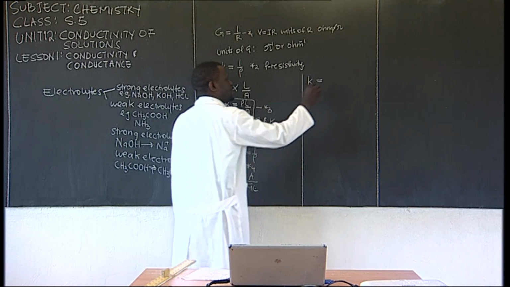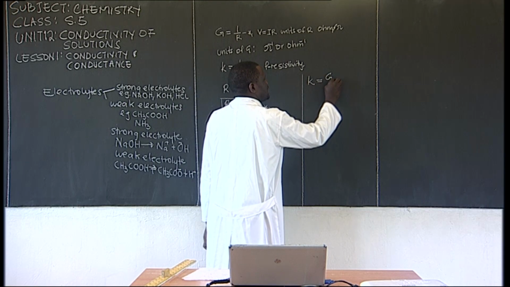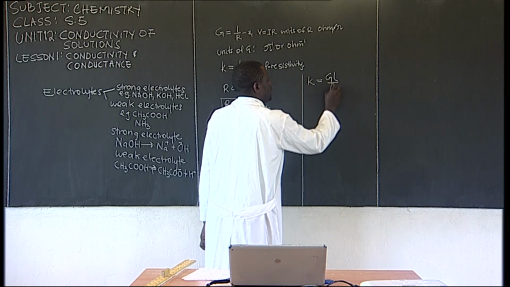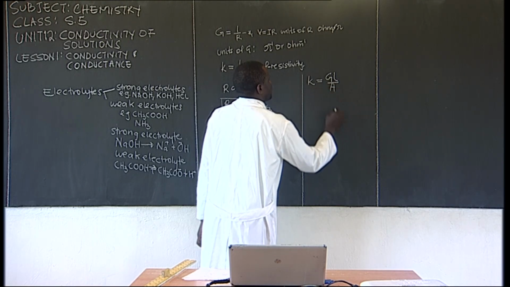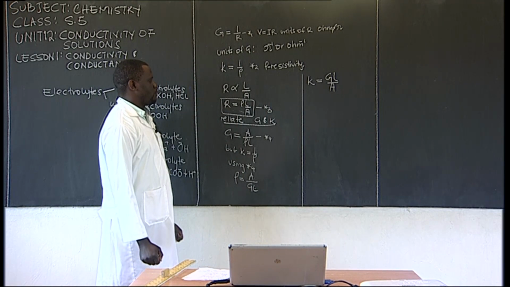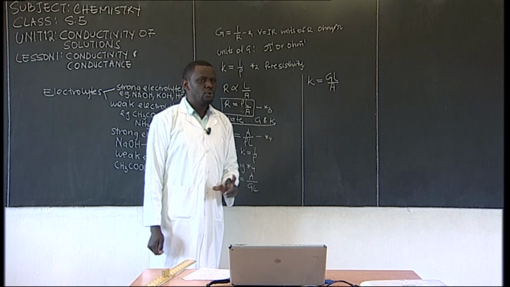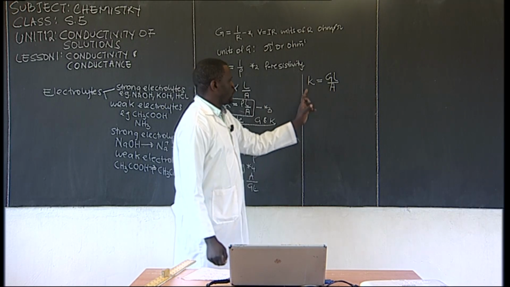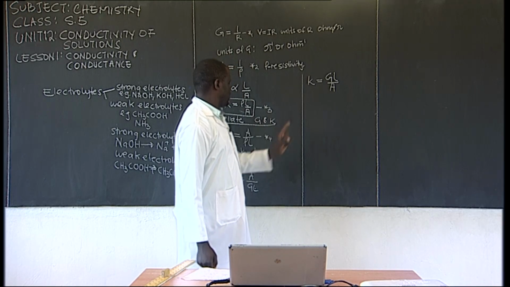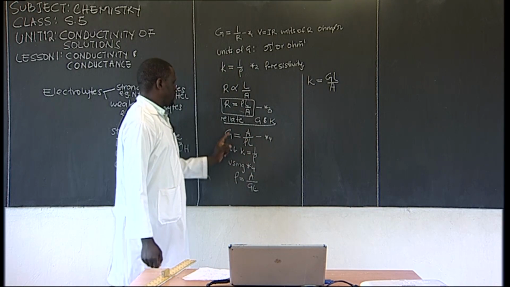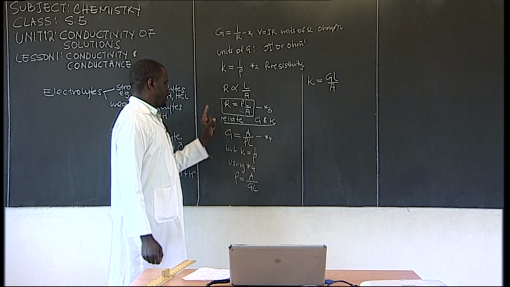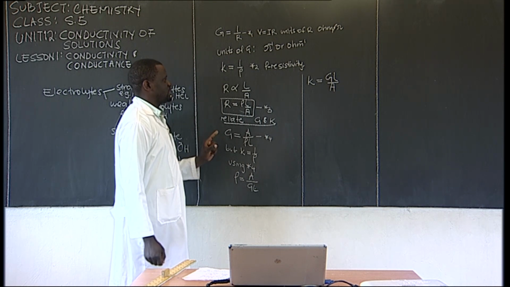So we shall have G, which is our conductance, times L, the distance between the plates, over A, which is the cross-sectional area of the conducting plates. So that's what we have. This equation here is relating conductivity, kappa, which is K, and conductance, G.